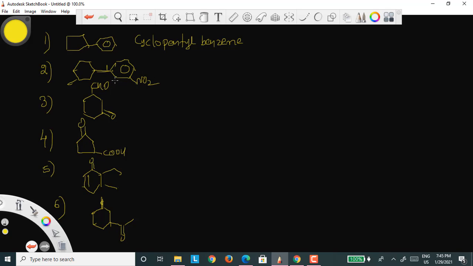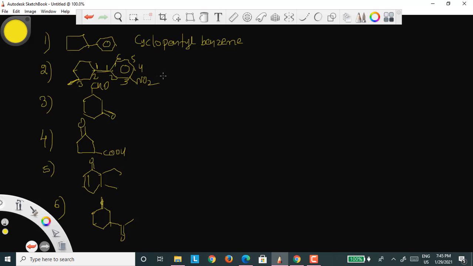It cannot be 1, 2, 3; it will be 1, 2, 3, because the substituent is coming with the lowest number 1, 2, 3. Okay, and 4, 5, 6 like this.